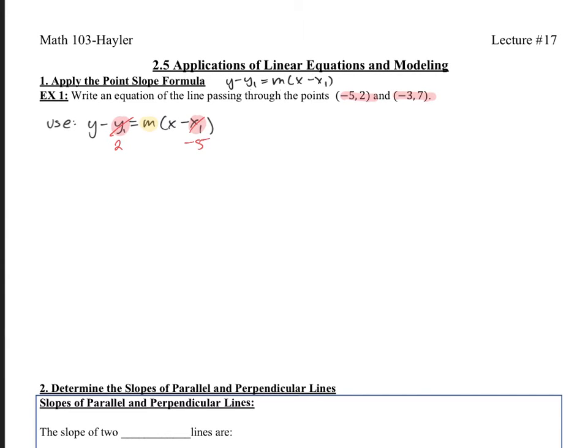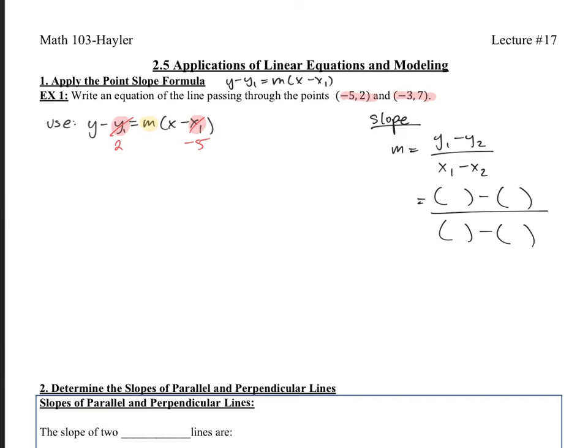Now all we need is a slope. So to find slope, we have m equals y sub 1 minus y sub 2 over x sub 1 minus x sub 2. I'll go ahead and label the points I'm given and then fill this out. I'll call these the sub 1s and the other ones the sub 2s.